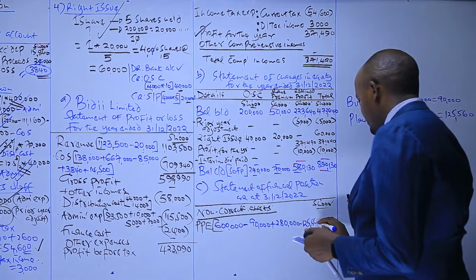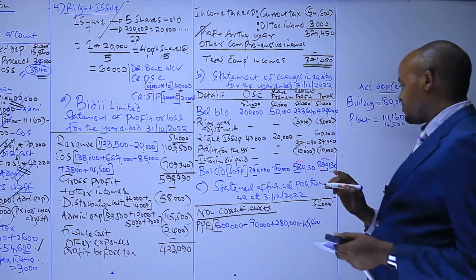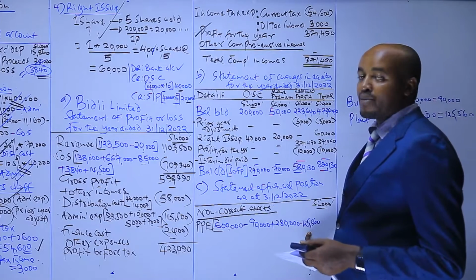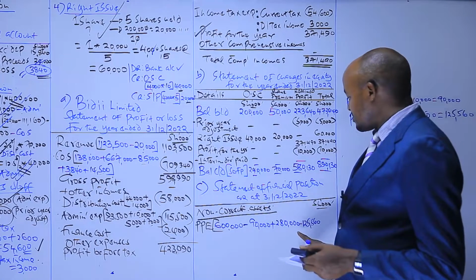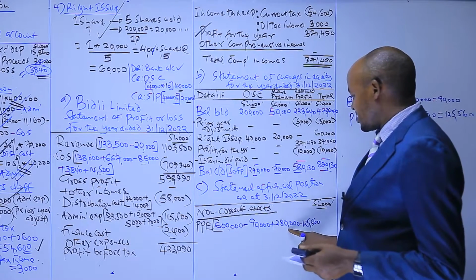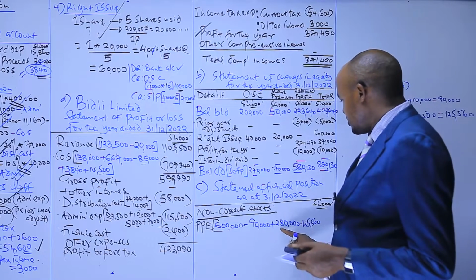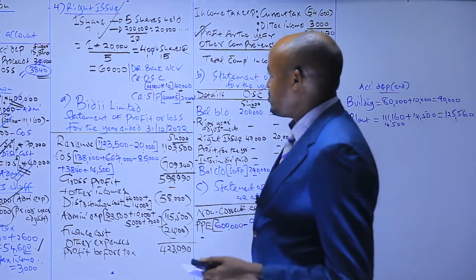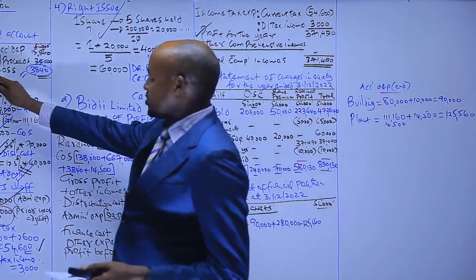125,560. But as far as the plant is concerned, we have to remember something. There was a plant which was disposed, and that plant is part of this. So the plant which was disposed, we need to less it from this net book value which you're going to get. Can you remember the net book value of this plant which was disposed?